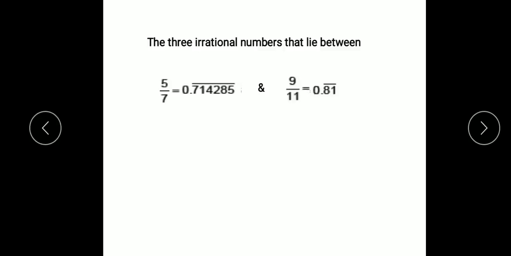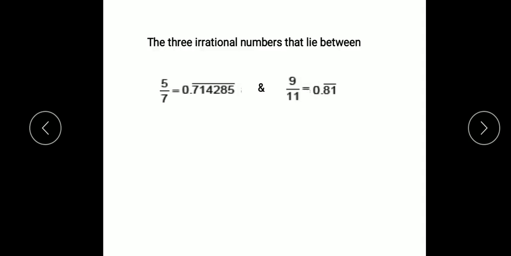We know that irrational numbers can be written in decimal form as non-terminating and non-recurring. Since our numbers lie between them, our irrational numbers must be greater than 0.714285 but less than 0.81.